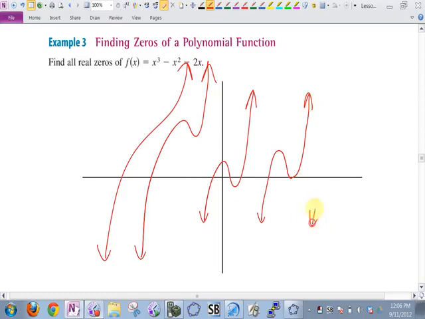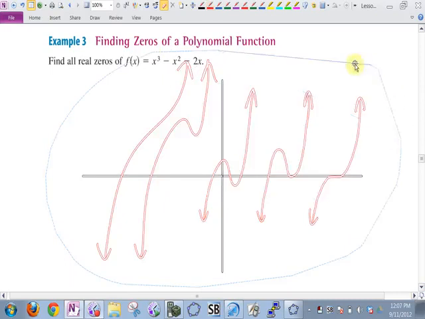Or maybe all 3 of them are the same number and all 3 are repeated 3 times. There's kind of a lot of possibilities, right? 3 distinct real zeros, 2 distinct because 1 is repeated, or 1 distinct but really it's repeated 3 times. Or maybe only 1 and the other 2 are imaginary. So there's lots of possibilities.